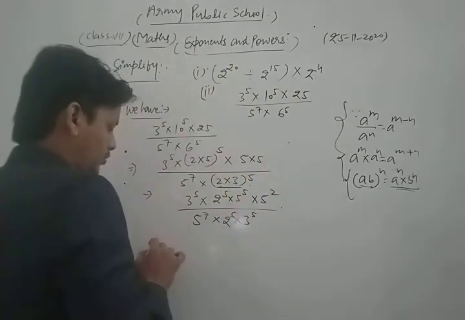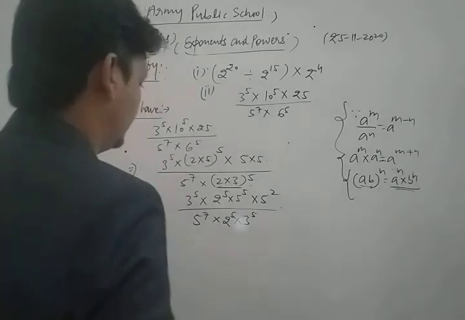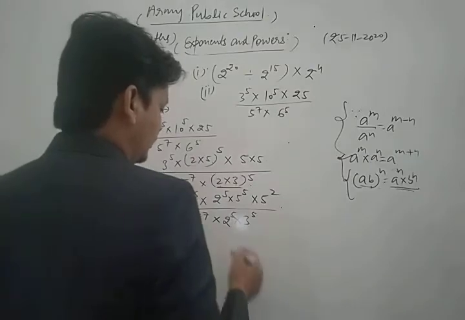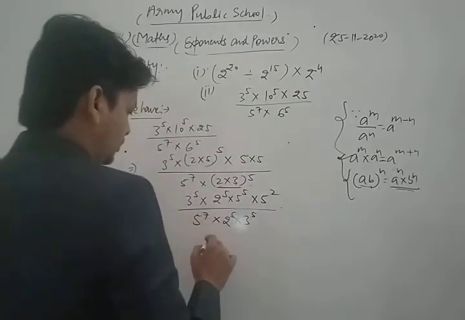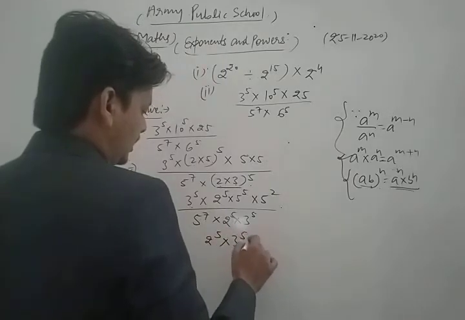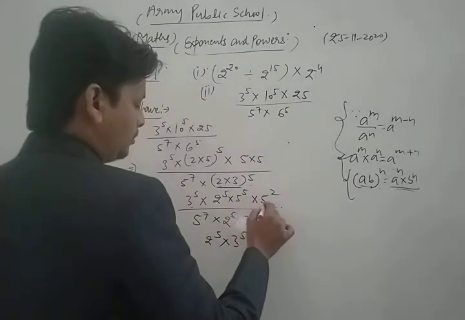Now what do we do? Let's see. Now in the numerator we apply the laws of exponents. In the numerator we write as it is: 2 power 5 into 3 power 5 as it is, into here 5 power 5 into 5 power 2.